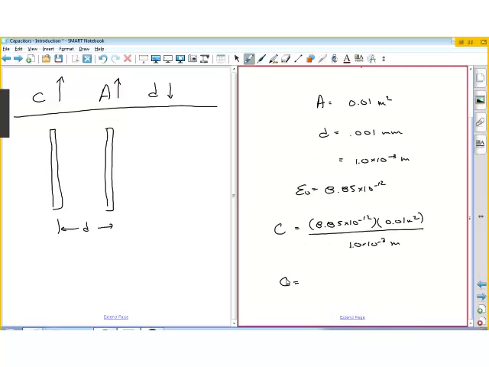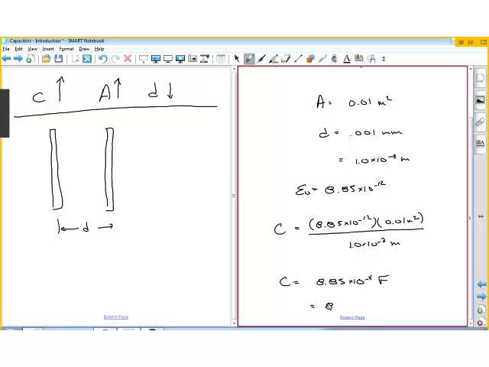That's 8.85 times 10 to the minus 12th times 0.01 divided by 0.001, and you get 8.85 times 10 to the minus 11th, and the units for capacitance are farads.